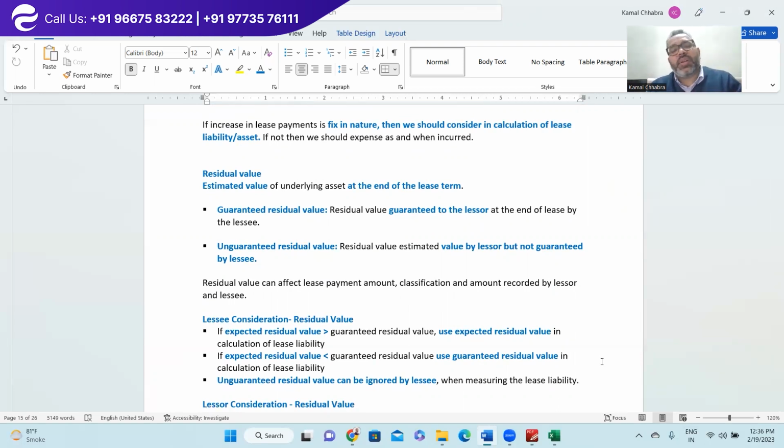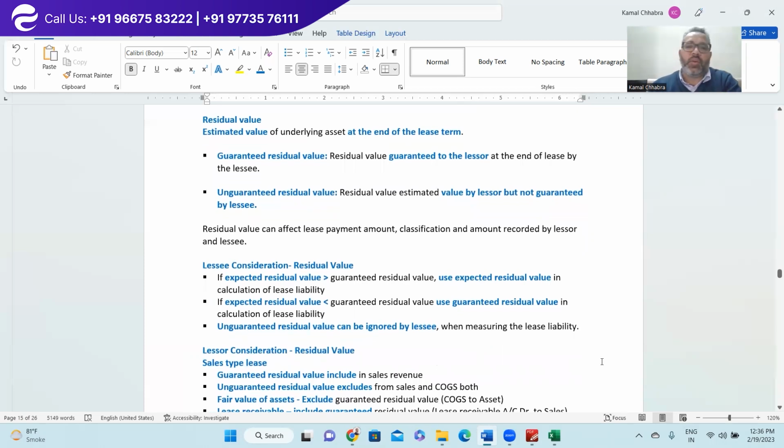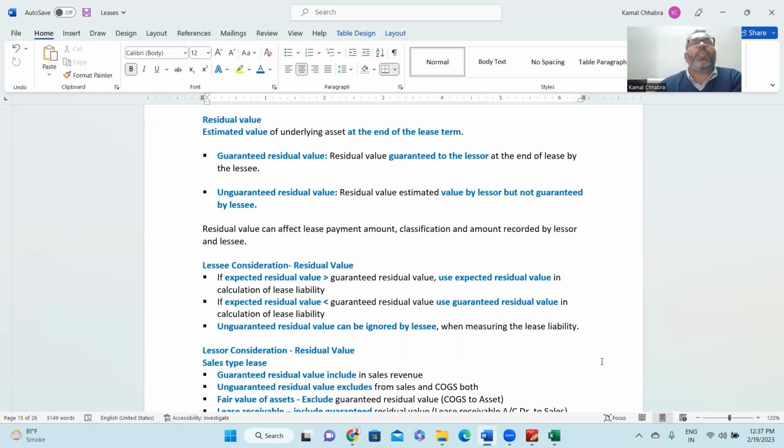Another topic we need to understand is the residual value. Residual value is basically an estimated value of the underlying asset which you are expecting to receive at the end of the lease term, right? It can be a guaranteed residual value from the lessee side. So the lessee might guarantee that this much amount they will pay to purchase the asset, right?